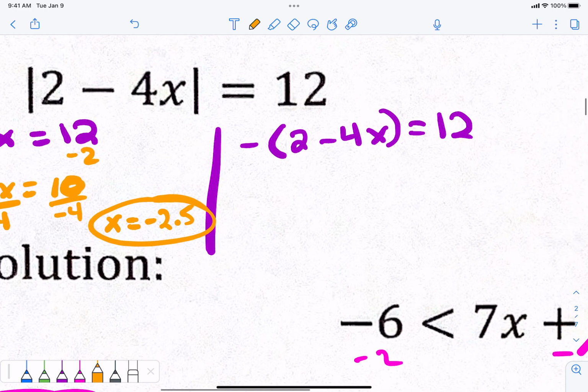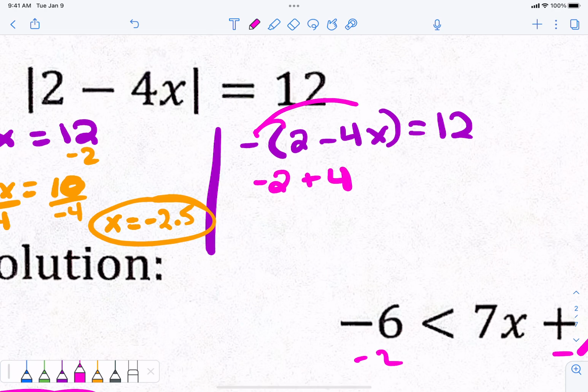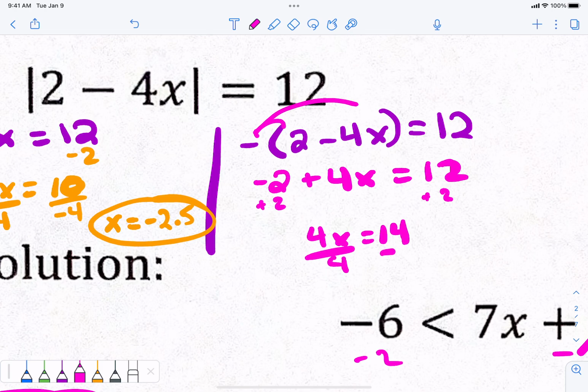For this one, you can either distribute your negative through, or divide by the negative and make that a -12. If we distribute the negative through, our 4x will be positive, so I like that idea. Plus 4x equals 12, and then we add the 2. So 4x equals 14, and divide by 4.